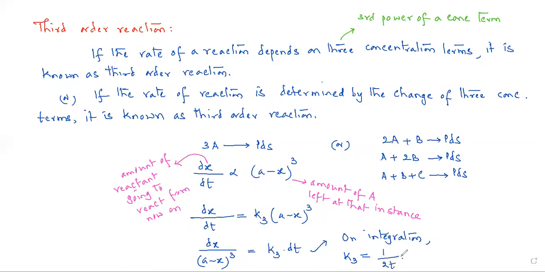Some similarity with that of the second order: 1 by 2t into x of 2a minus x by a square into a minus x whole square. So this is the expression for third order. We will of course go for this rarely, but still.